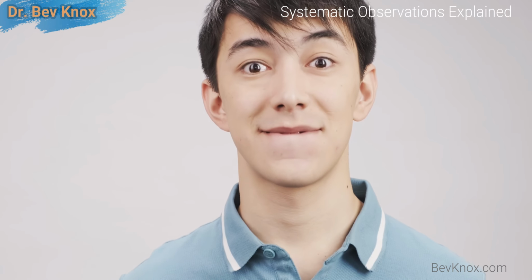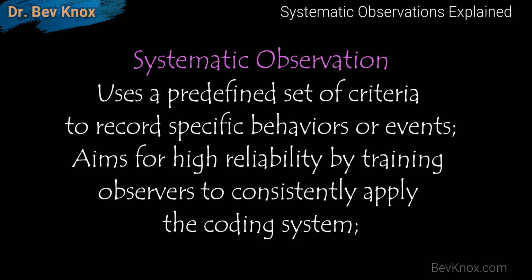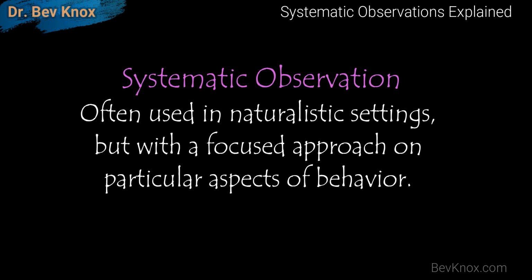Now, some key points to remember is that systematic observation uses a predefined set of criteria to record specific behaviors or events. It also aims for high reliability by training observers to consistently apply the coding system. And it is often used in naturalistic settings, but with a focused approach on particular aspects of behavior.